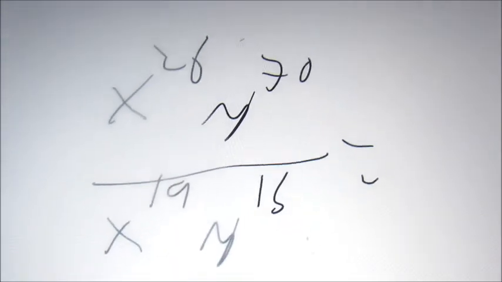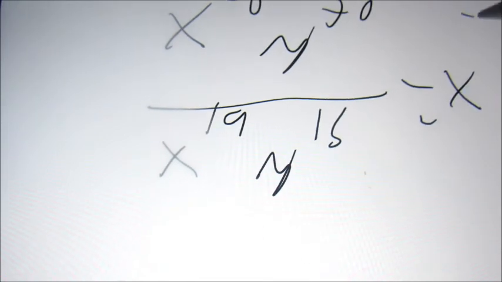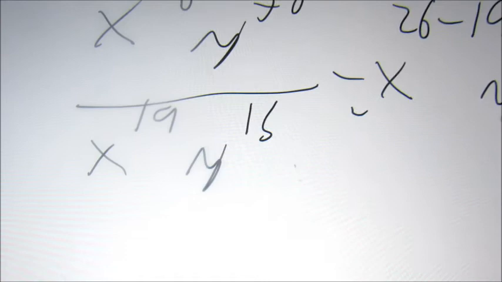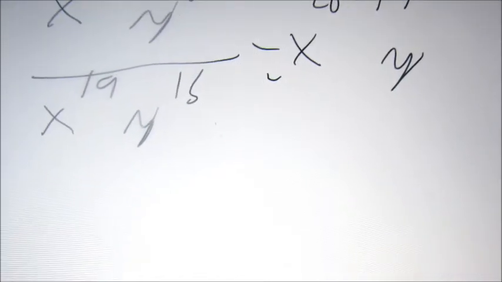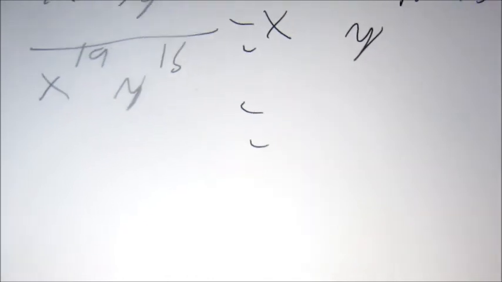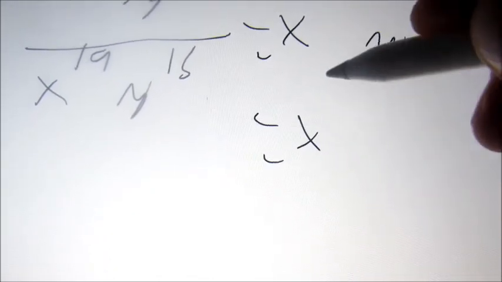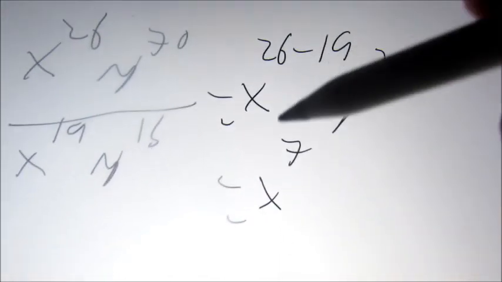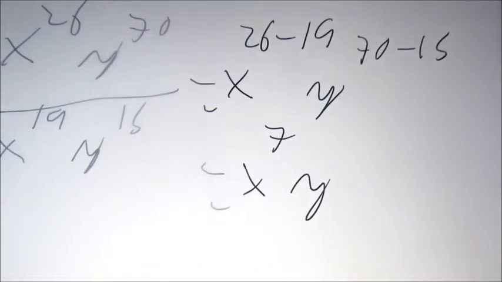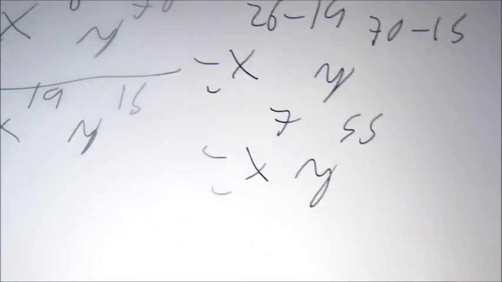So we have pretty big numbers here, but all we're going to do is subtract the exponents when we have the same bases. So we can compare the x's, so we're going to have x to the 26 minus 19, and y to the 70 minus 15. When we do that, x to the 26 minus 19 is 7, and y to the 70 minus 15 is 55.